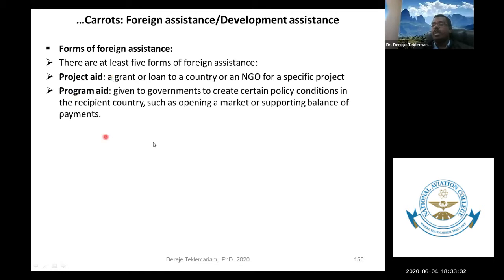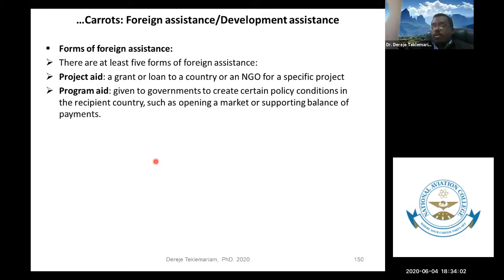Because of this, we have developed a very big bad will, and Ethiopia as a country is losing millions of dollars of support. Just because of misunderstanding these two terms. It's not easy. If it's program aid, we have to know where it will be used. If it is project aid, we have to understand where it's related. And then they say, what's your problem?